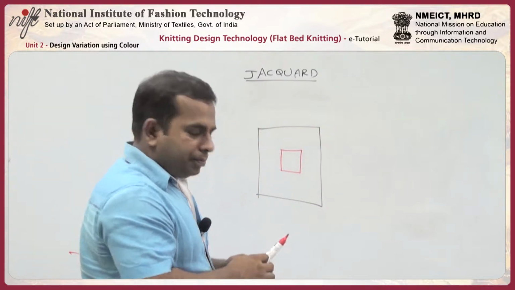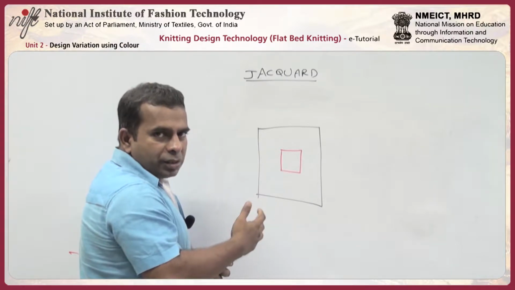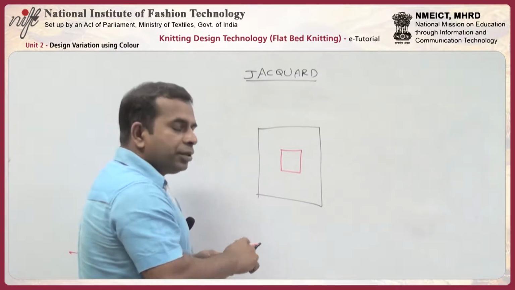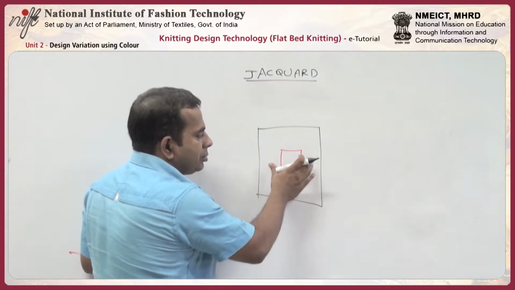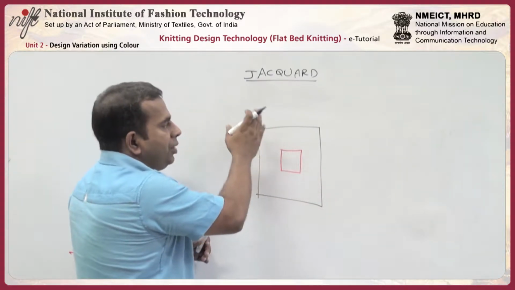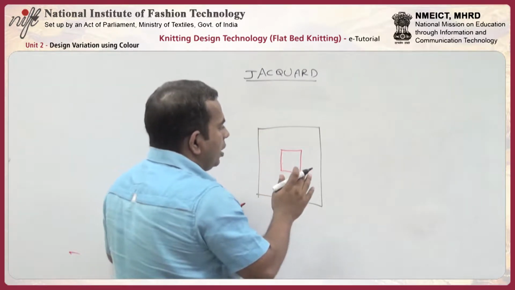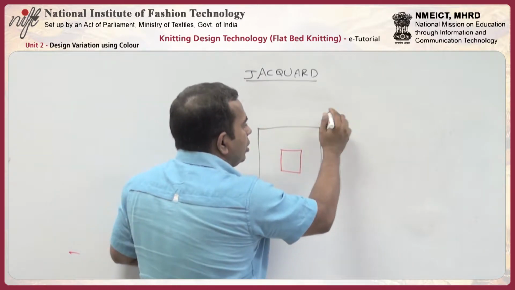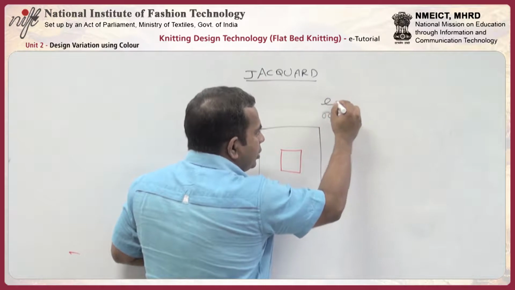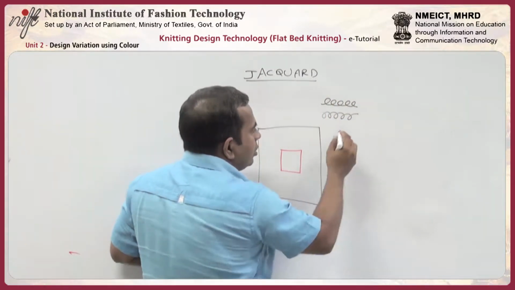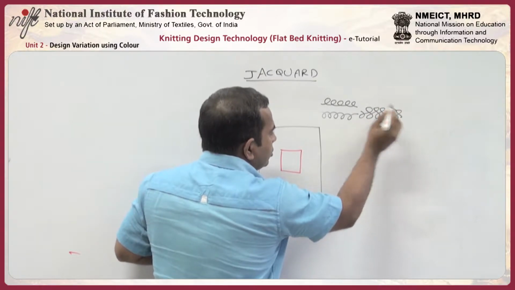The simplest one would be a tubular Jacquard or a reversible Jacquard. Now when we create a Jacquard with this, we have 2 needle beds, front bed and back bed. And we also know the front knitting would be shown like this, the back knitting would be shown like this, and front and back knitting would be shown like this.